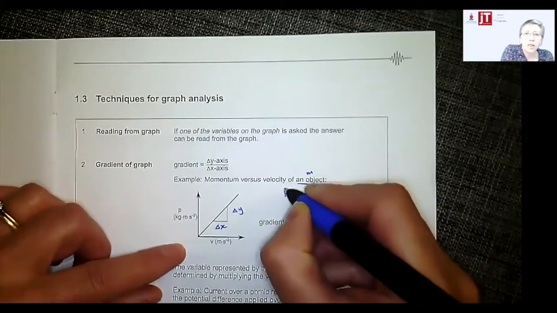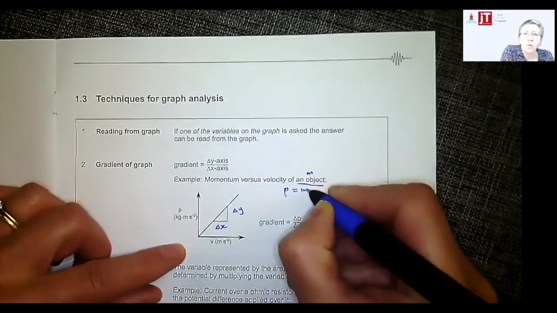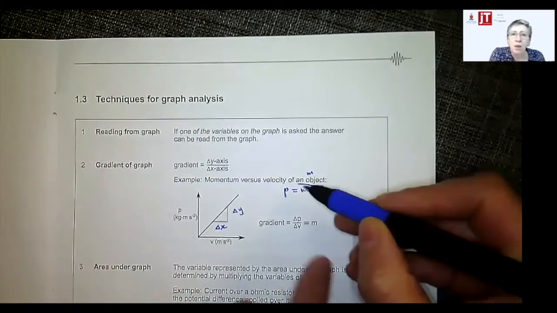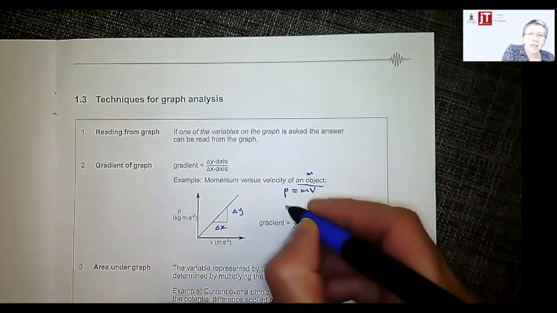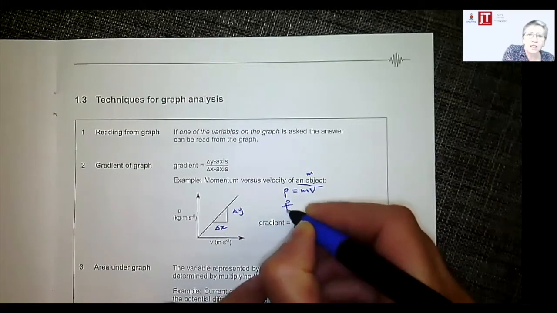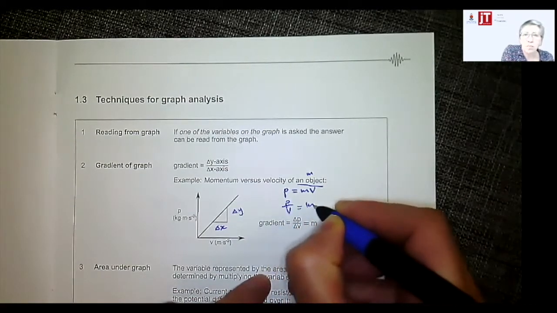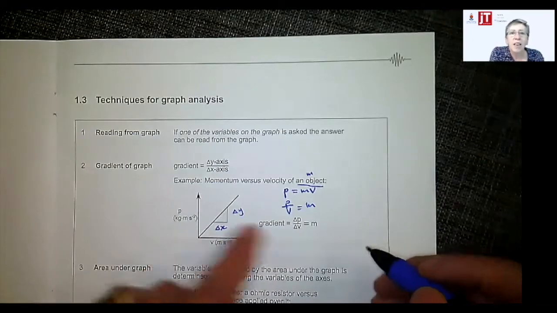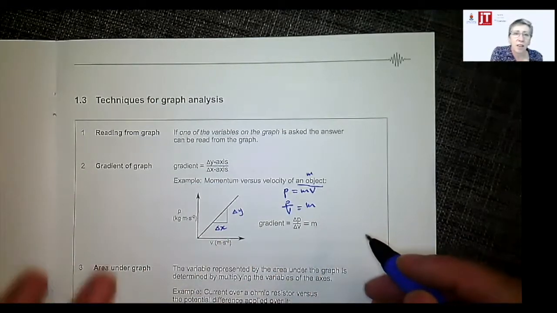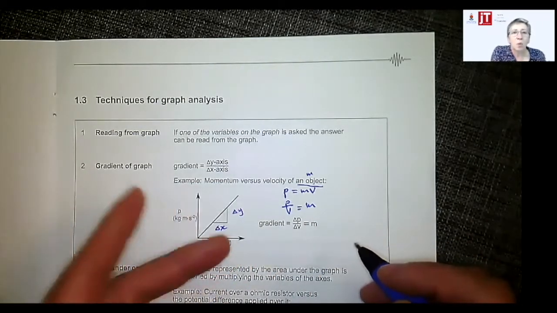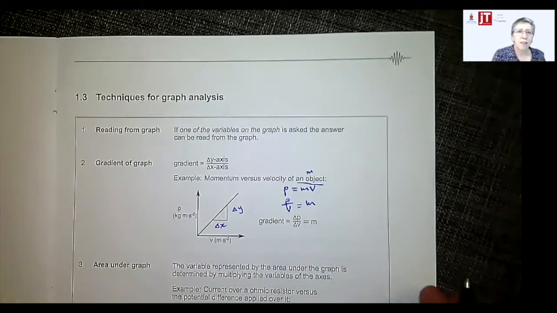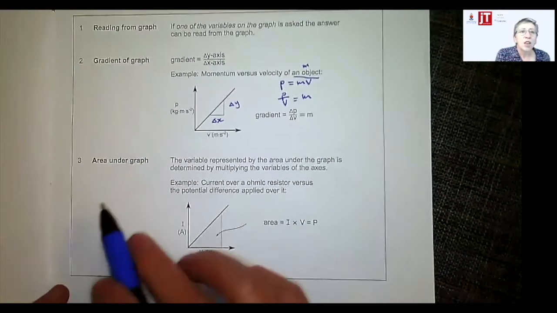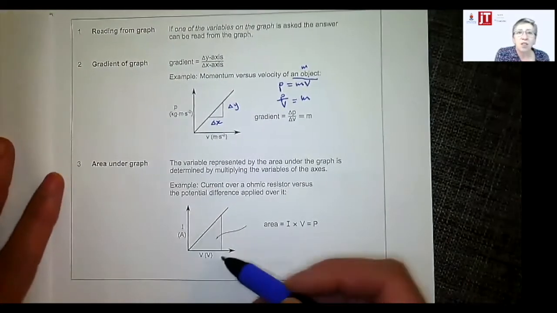And we use the equation p equals m times v. So p divided by v is just mass. So here the gradient represents the mass. If they had this the other way around, then it would have been 1 over m, but we'll see examples of that.